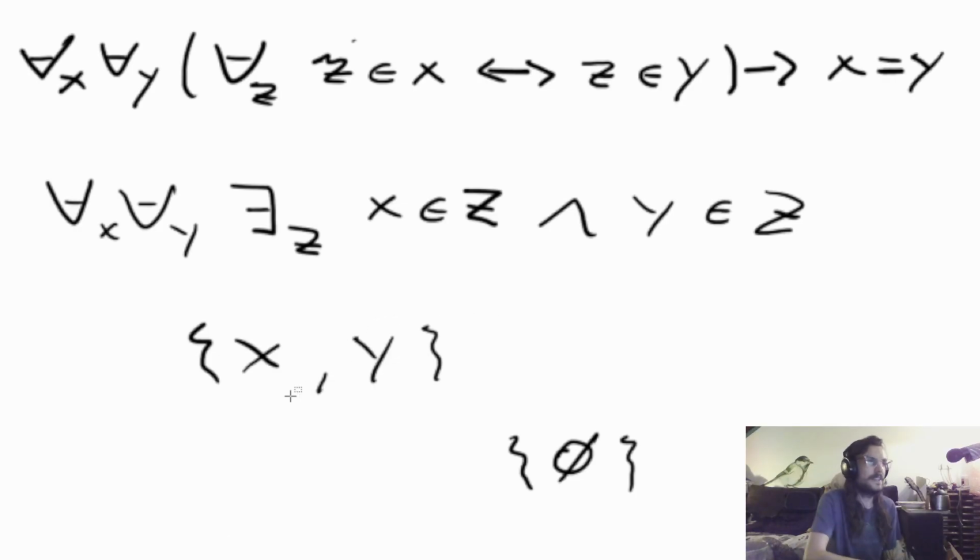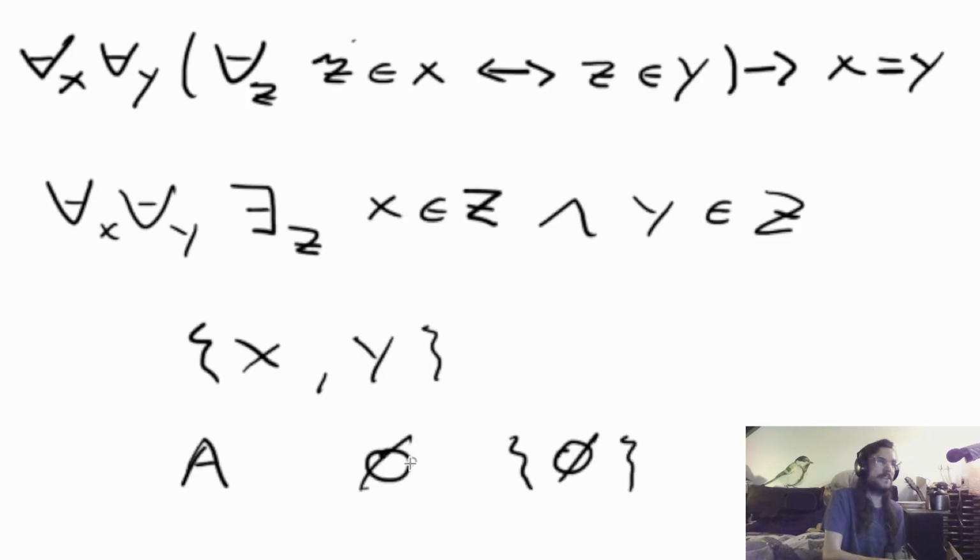So using the third and the first axiom, combined with assuming that at least one set exists already, gave us two sets, namely the empty set, or three I should say: the random set that we assumed existed, A, the empty set, and the set containing the empty set.